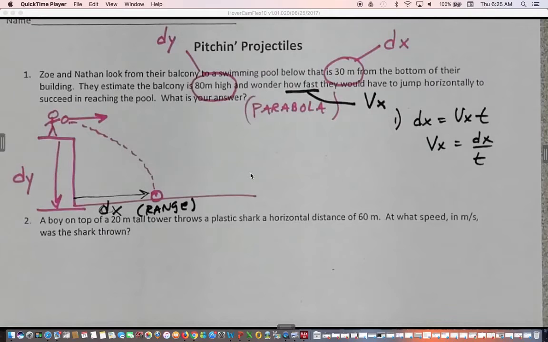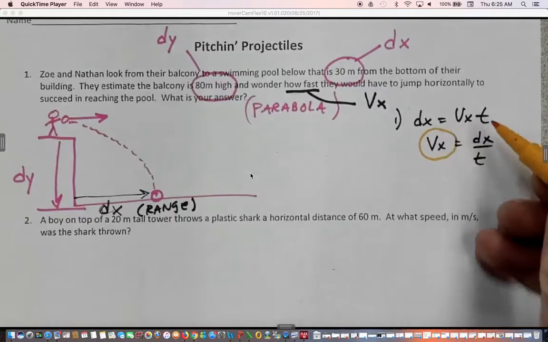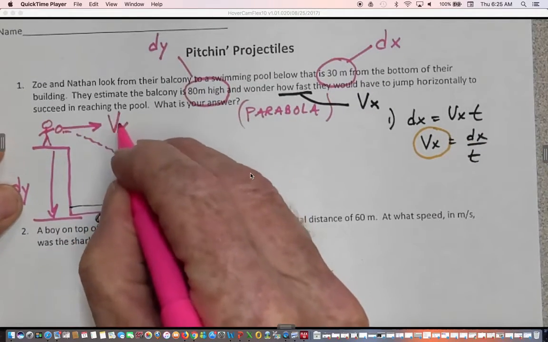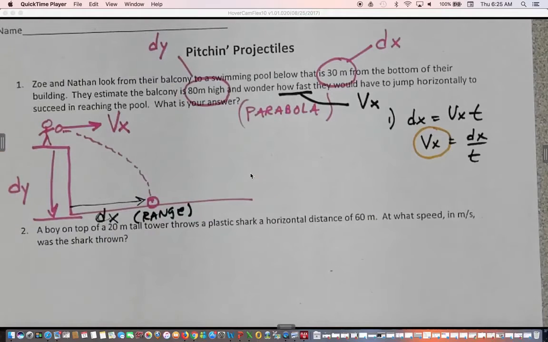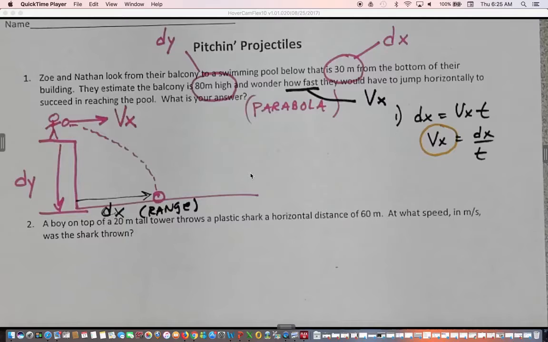Since we want to find our x velocity, and let me label that on the problem, what velocity we threw it with, this is the same equation, just rearranged.